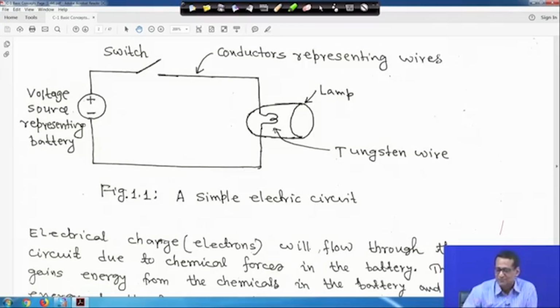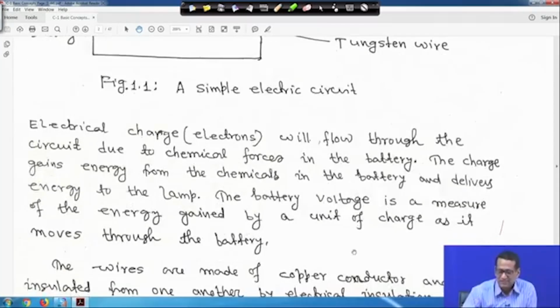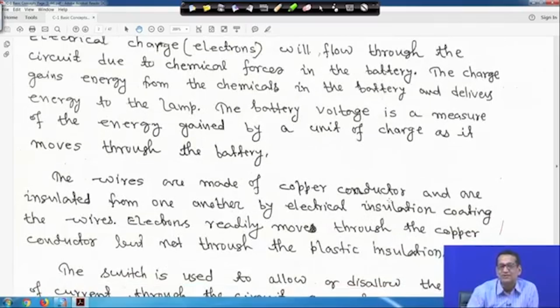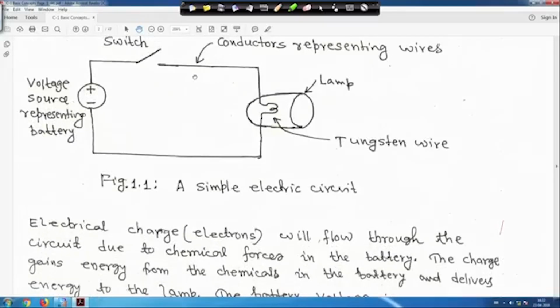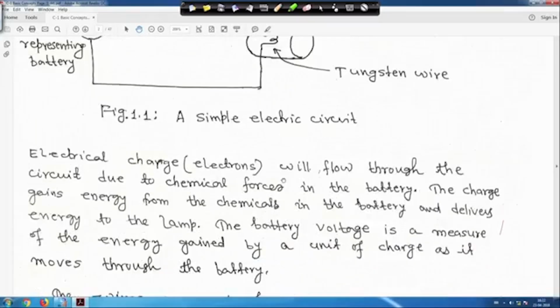We will come to that. The wires are made of copper conductor, and are insulated from one another by an electrical insulation coating on the wire, that you have seen. So, electrons readily move through the copper conductor, but not through the plastic insulation.